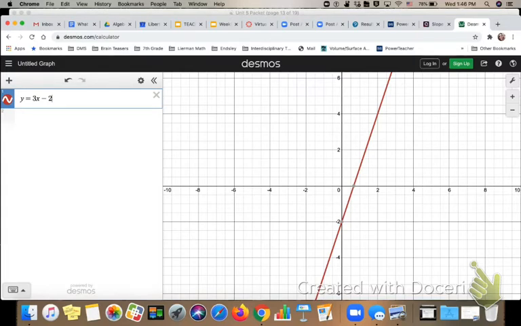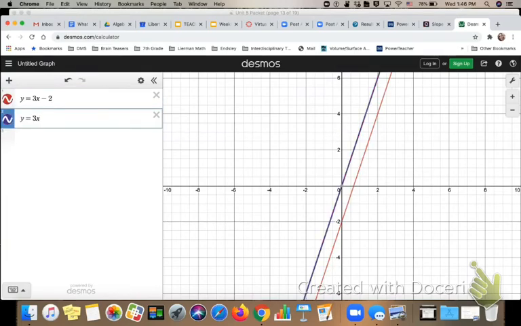Our y-intercept is -2. So if I take -2 plus 4, my slope is going to stay the same. And instead of a -2, I would have a +2. Notice those lines are parallel. The slope does not change. It just shifts the line up 4 units.